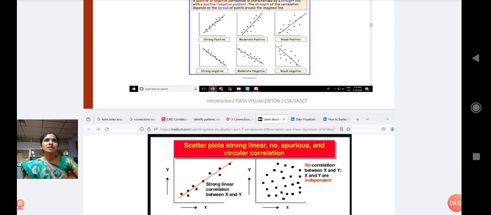The scatter plot is also known by several names: scatter chart, scattergram, scatter plot, or xy graph.